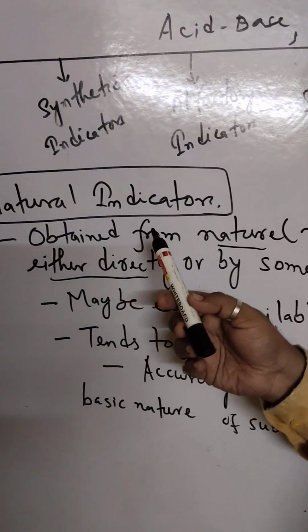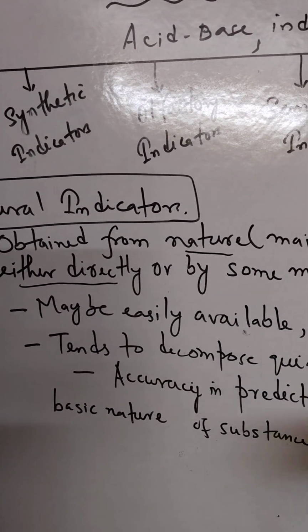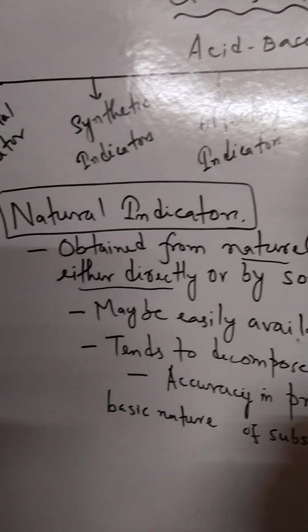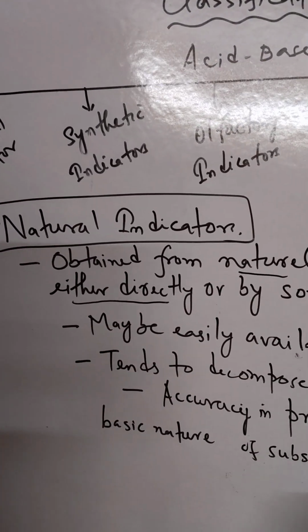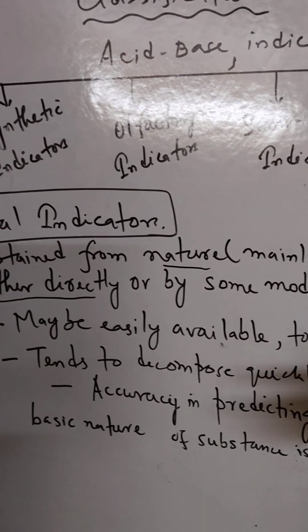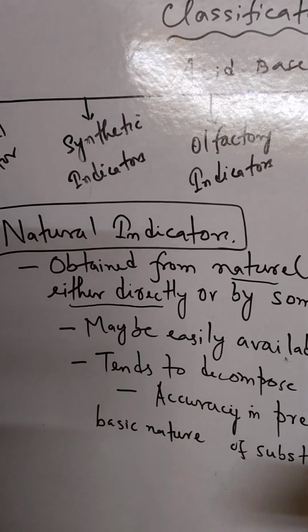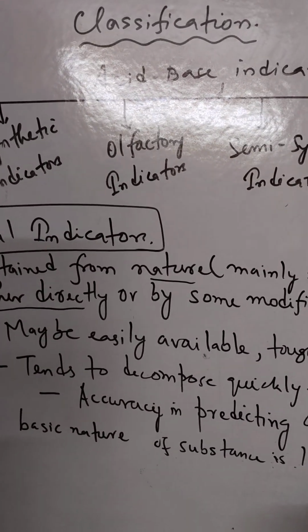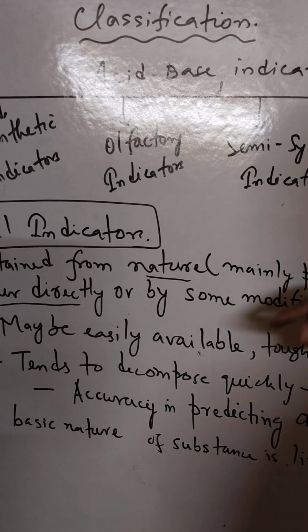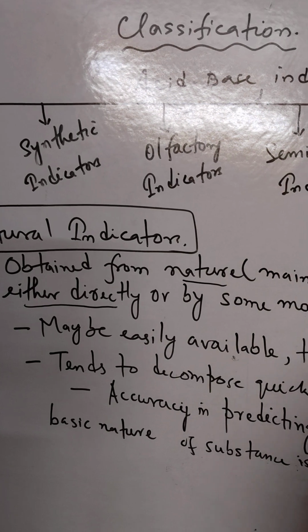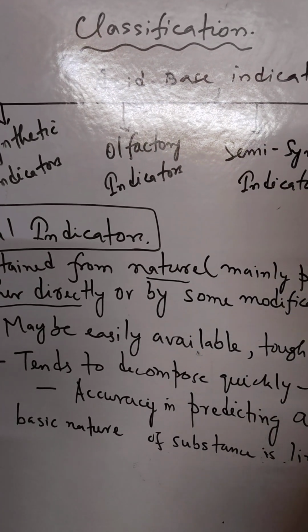So if you are asked the definition, you can get a question as MCQ, or as fill in the blanks. You can also get a question as name the following and maybe a point in match the following also. So natural indicators are the indicators that are obtained from the nature, mainly from the plants, either directly or indirectly by some modifications.